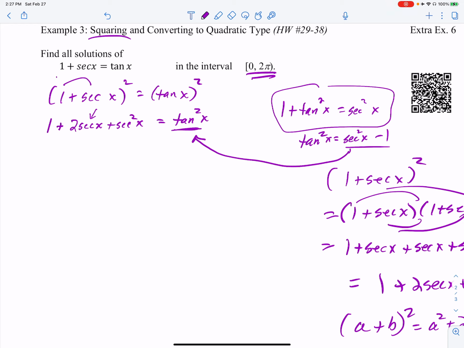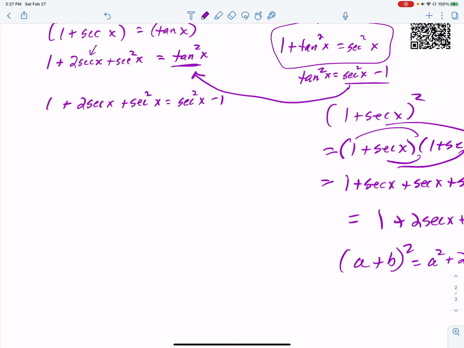So the best way to do that is replace the tangent squared with secant squared x minus 1. Then everything's in secant. So I'm going to have 1 plus 2 secant x plus secant squared x equals secant squared x minus 1. Now that it's all in the same trig function, I can continue to do the algebra and solve.